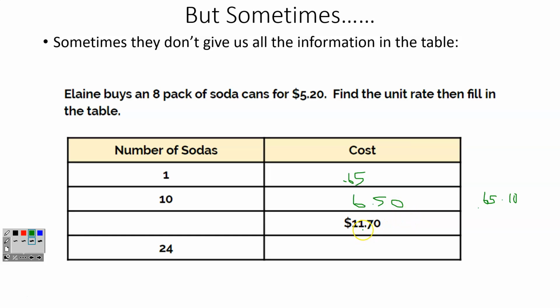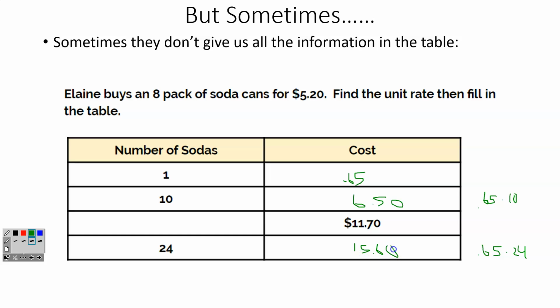If I wanted to find out for 24, I would do 24 times 0.65.